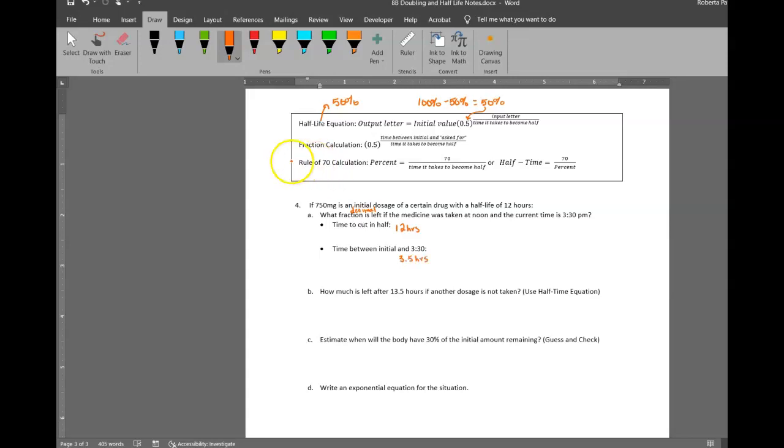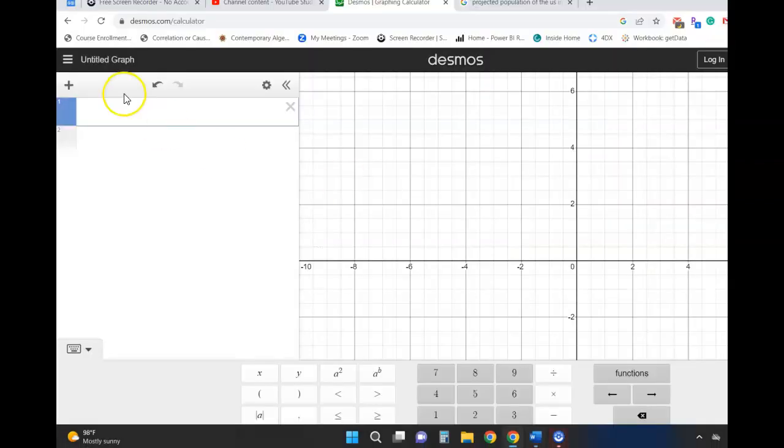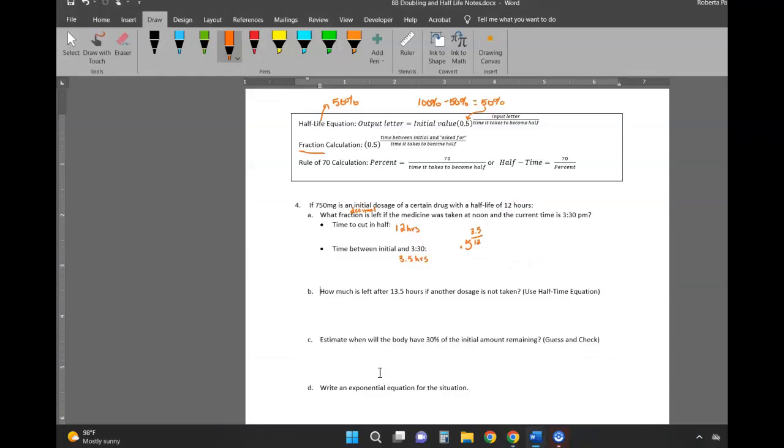So in order to figure out what fraction we have, we're going to take 0.5 raised to how much time is being asked for, 3.5, divided by how long it takes to cut in half, 12. Looking just at Desmos, we have 0.5, we use our exponent key, and 3.5 divided by 12 gives us 0.82 as our fraction.